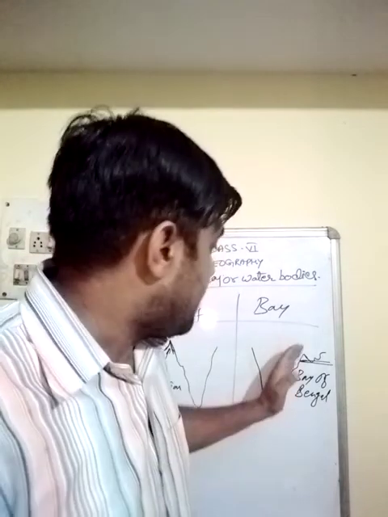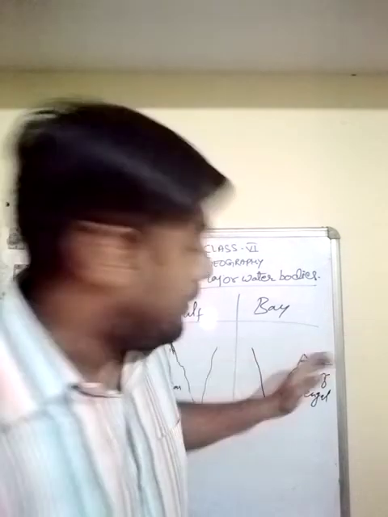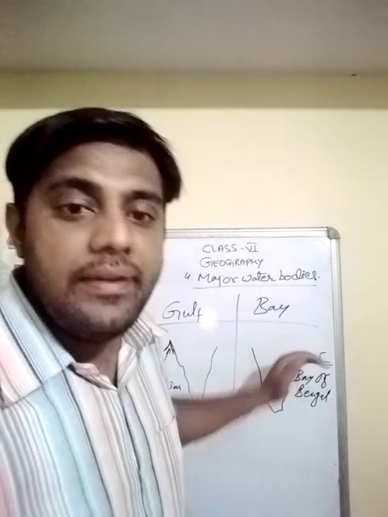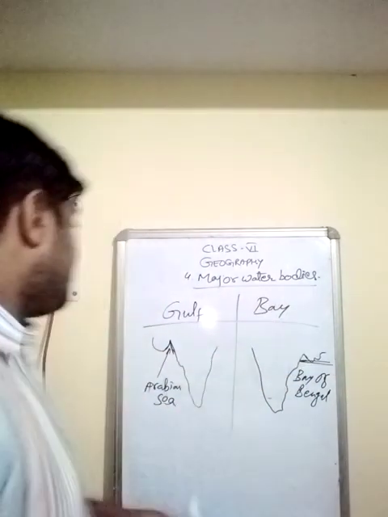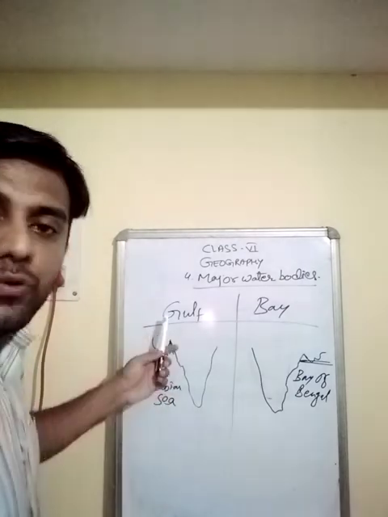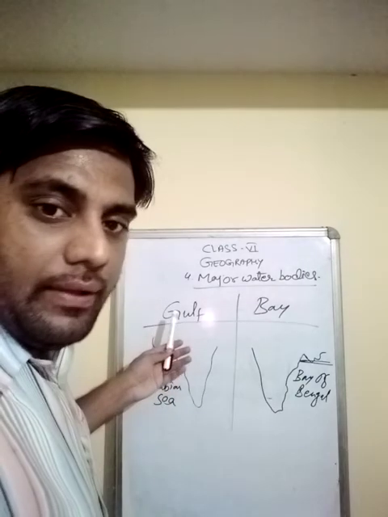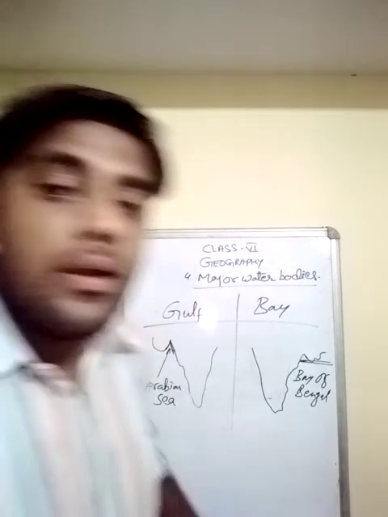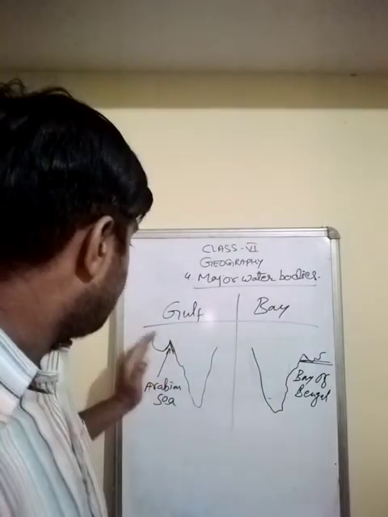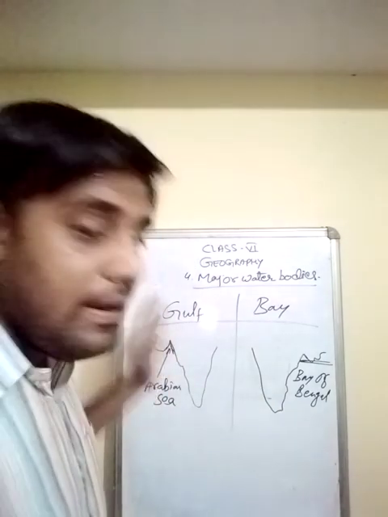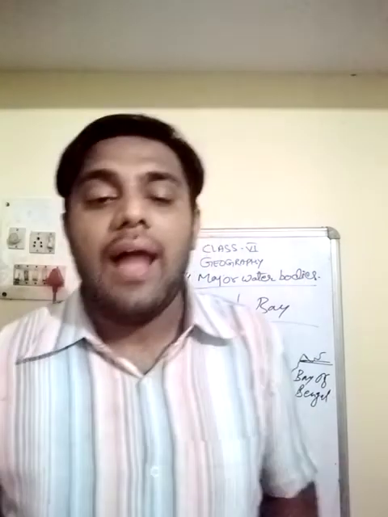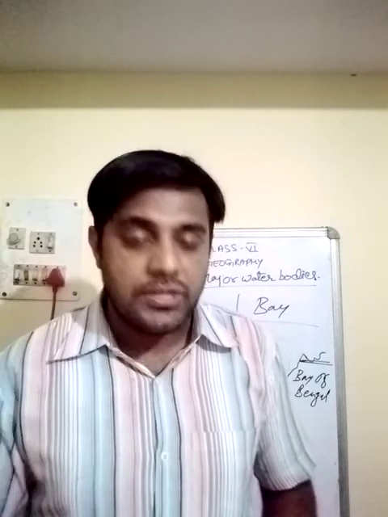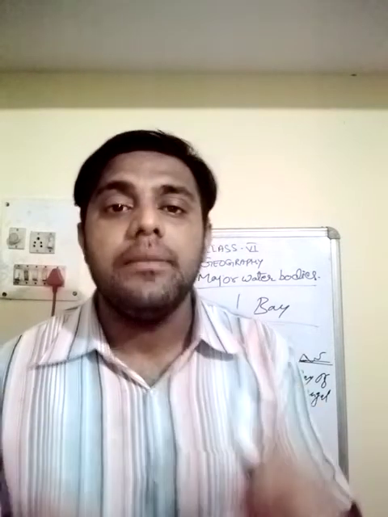Because this particular area was formed as a part of a curve, a large open indentation, and it is formed by seawater. Whereas a gulf is simply a narrow opening into the land, which allows seawater to move in. Once again, a gulf is simply a small inlet of seawater into the land, whereas a bay is a large open curve. Indentation means a curve made by the sea water. Please remember this one.